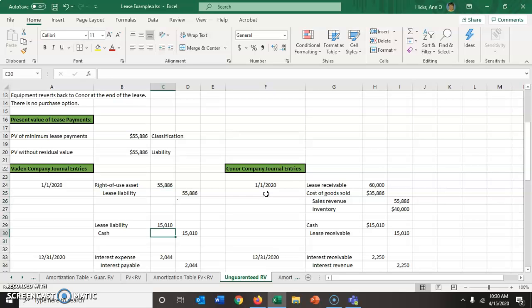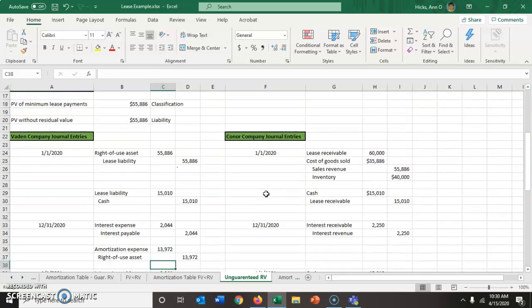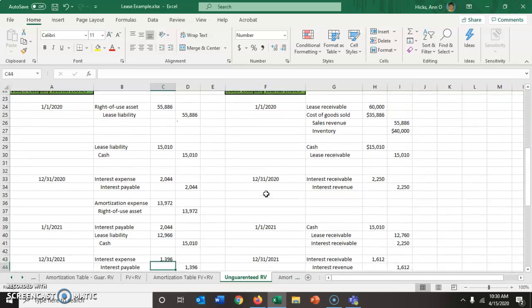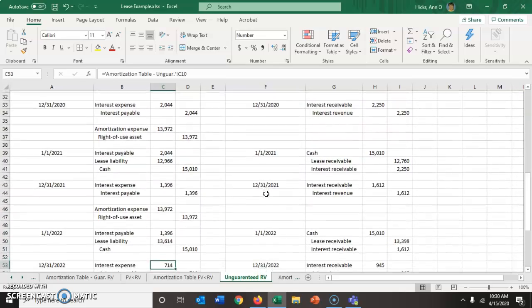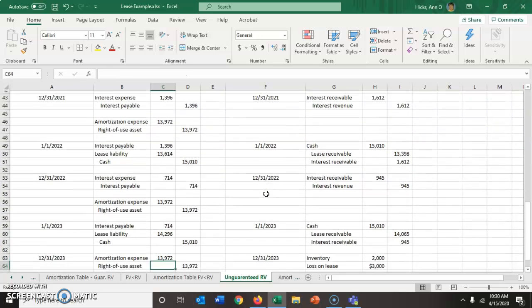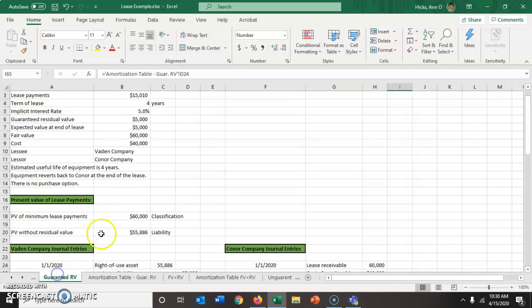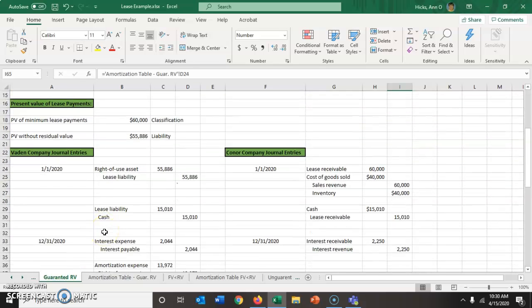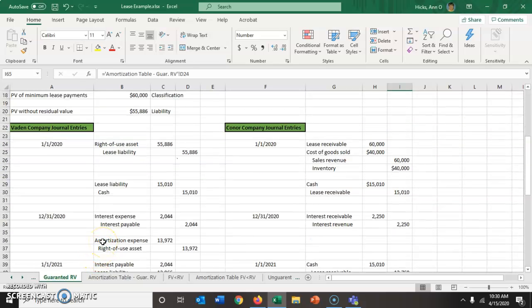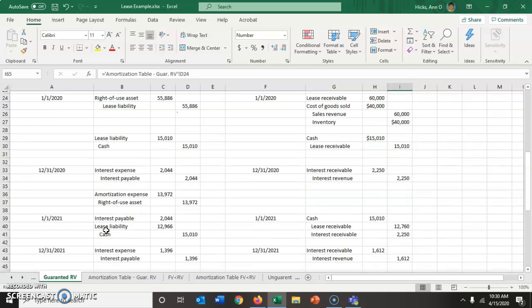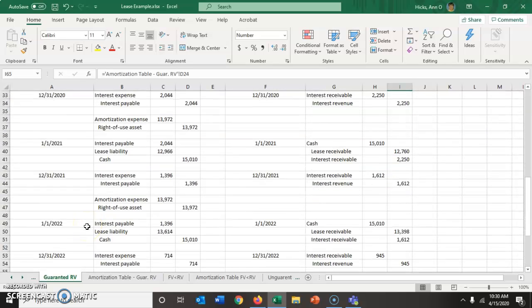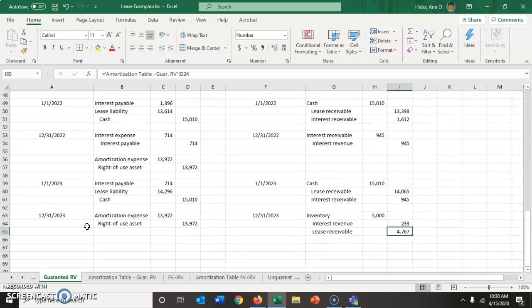And so we'll just walk through all of those. I don't think there's anything unusual here, and we'll get down to the end of the life of the lease and we're through. So if you go back over to the journal entries on this example where we guaranteed the residual value, but we anticipated the asset retaining that value, everything's pretty much the same for the lessee.